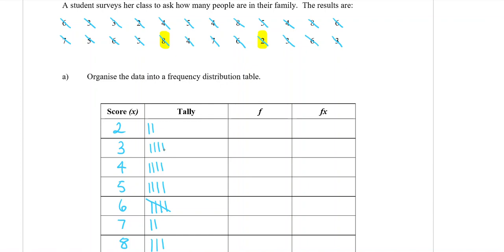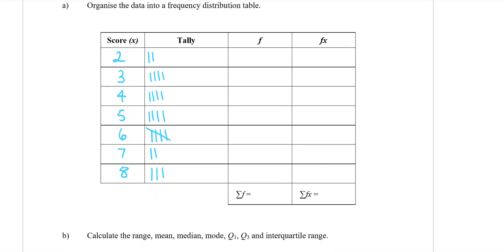All right, so hopefully you've done that very carefully and we have the same results there. Now we have to count how many tally marks we have because that makes the F for frequency column. So frequency is 2. Then 4, 4 again, 4 again, 5, 2, and 3.